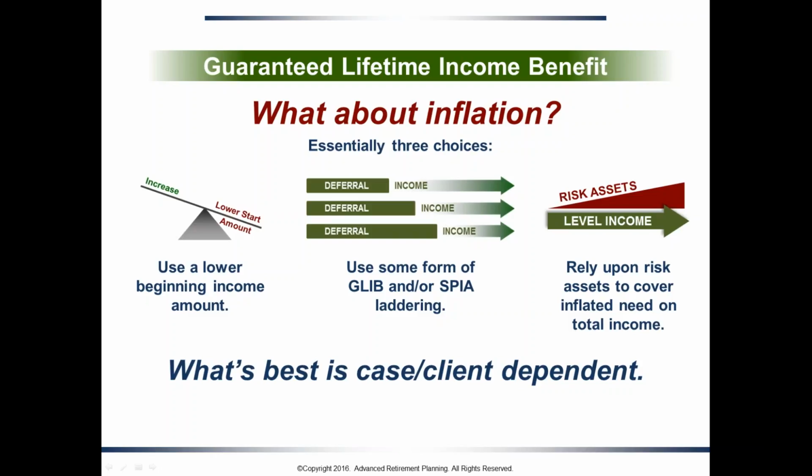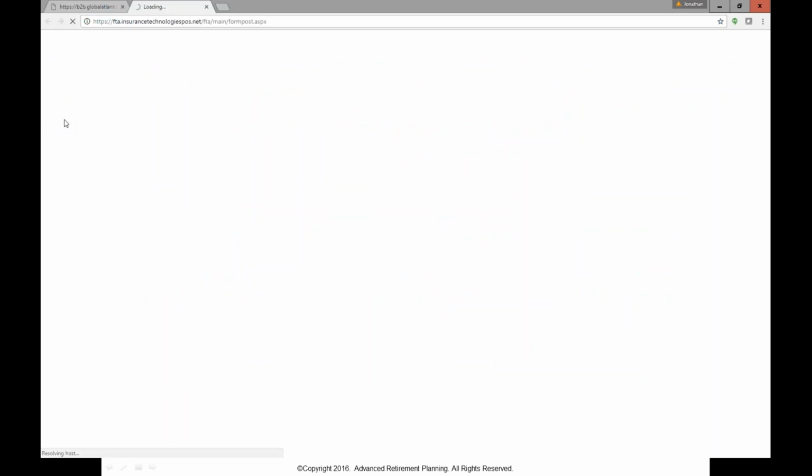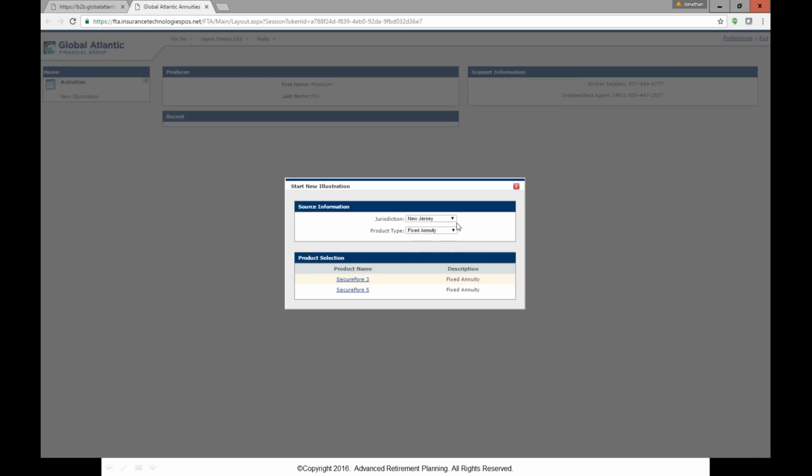So I'm going to use the choice income from Forethought. Why did I choose that? It's got a very simple illustration. It's at my fingertips. Okay, not necessarily the best product, although I do like this product a lot. Now the choice income has a 10% simple roll-up on its GLIB pretty much forever, as I recall. Okay, so that's one of the things I like about it.